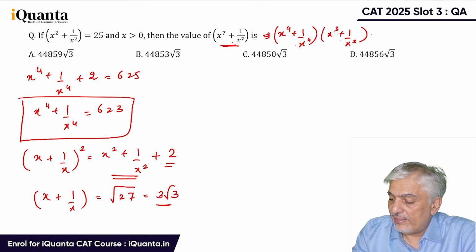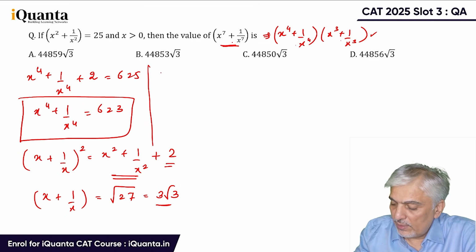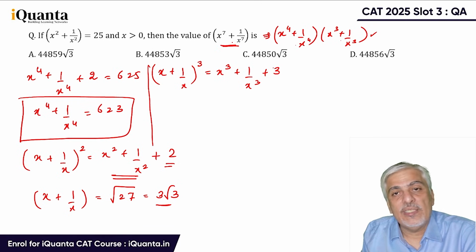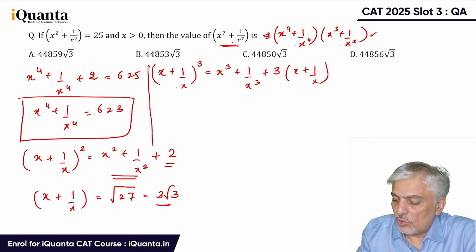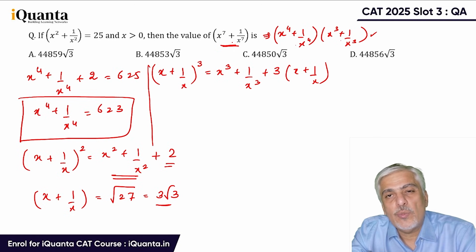Now I need to find this x cube plus 1 upon x cube. What is x plus 1 upon x the whole cube? It is a cube plus b cube plus 3ab, which will become 3 only in this case, into a plus b. So x plus 1 upon x was 3 root 3. Cube of 3 root 3. 3 cube is 27.